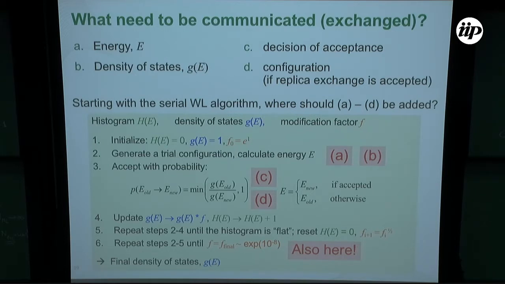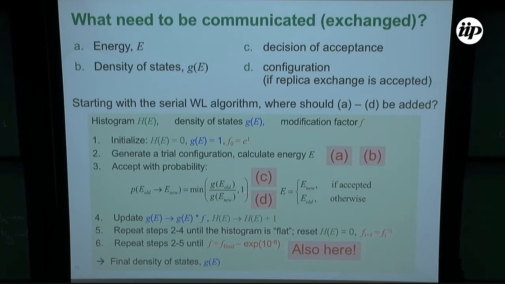The density of states also needs to be exchanged after you receive the energy. So here you can already think about you need to make sure that the energy is received before you compute the density of states, and then you exchange the density of states again. So with these, then one of the processes will calculate whether to accept this or not, and then you need to send the decision back to the partner.